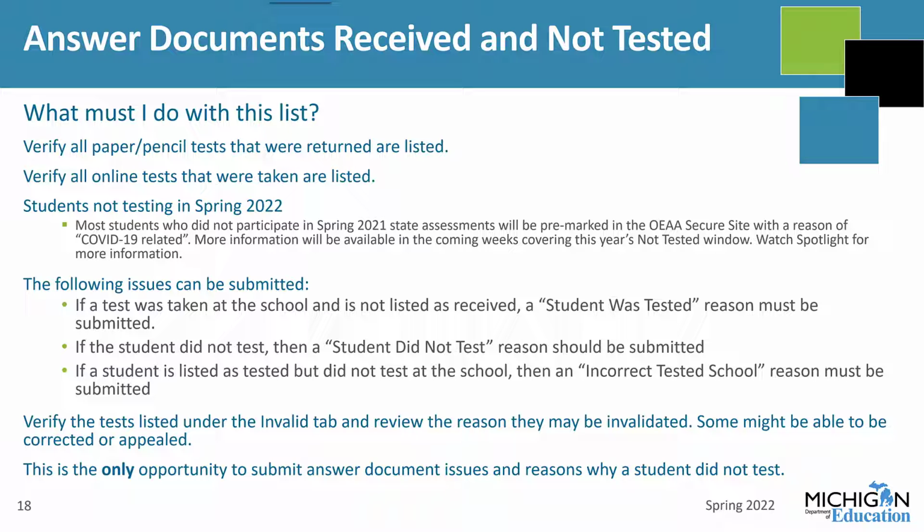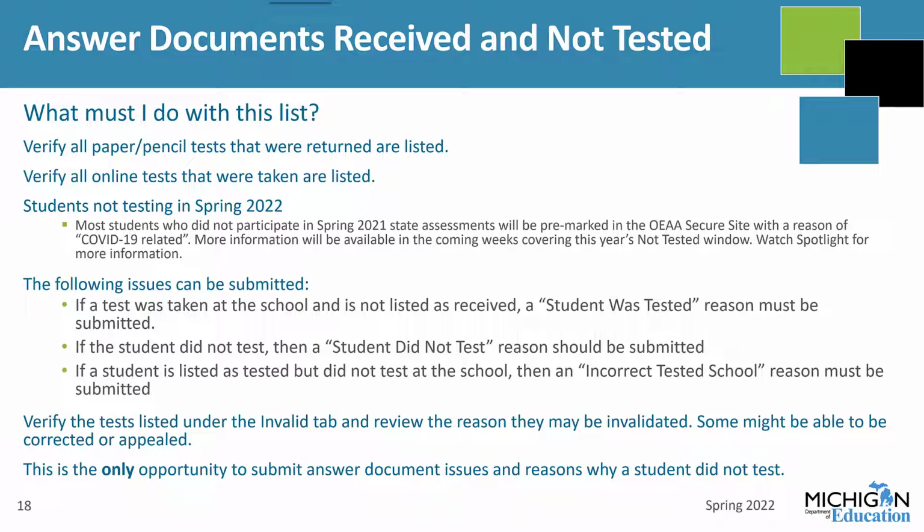There is an Invalid tab that lists students whose tests will be invalidated with a note about why the test will be invalidated. Some reasons for invalidation can be appealed or could be fixed in MSDS to ensure that the student receives a valid score. Make sure that you review these so that invalid tests are reported correctly.